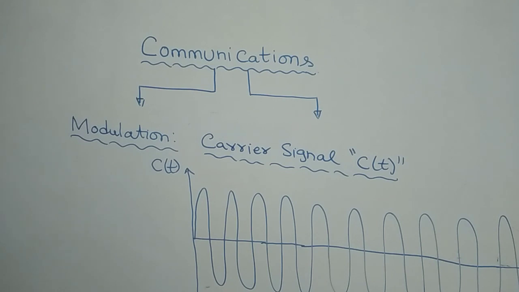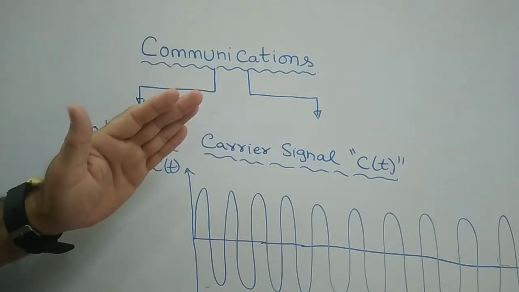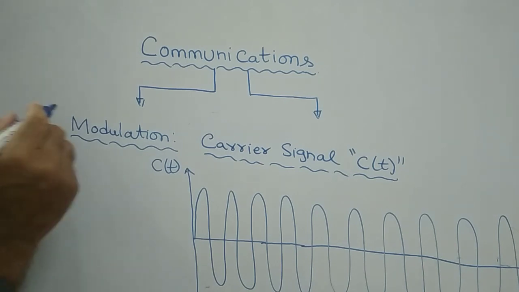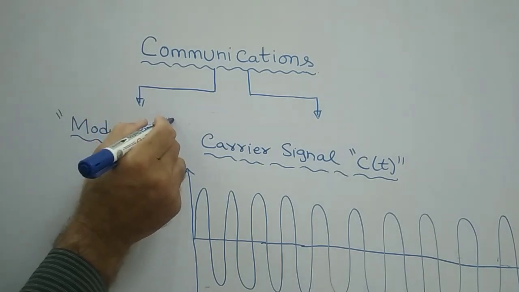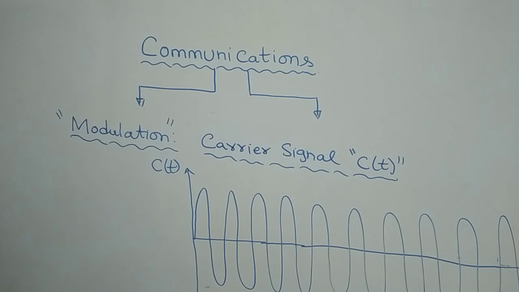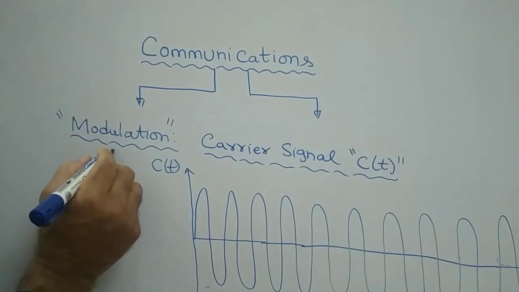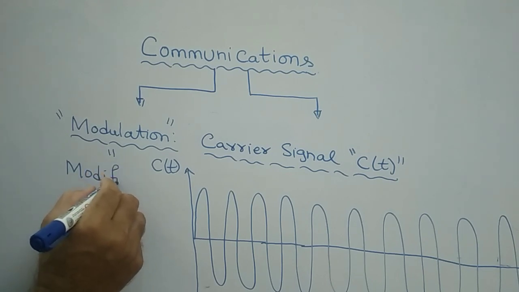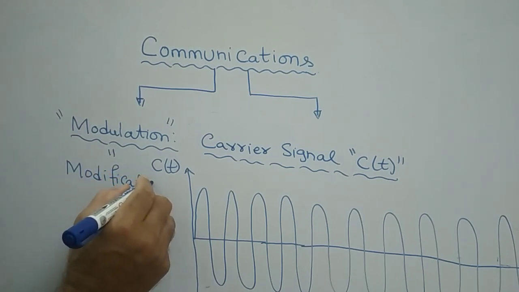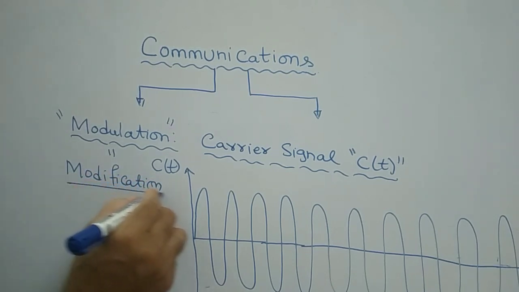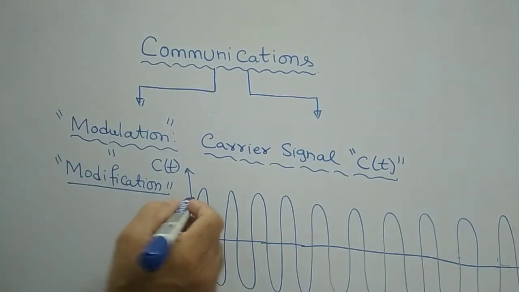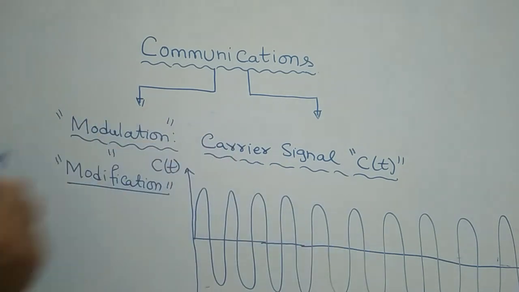Now we know the message signal and we know the carrier signal, so I can define modulation. As I already told you, modulation is nothing but modification. What modifies here? Let us look at this carrier signal carefully.